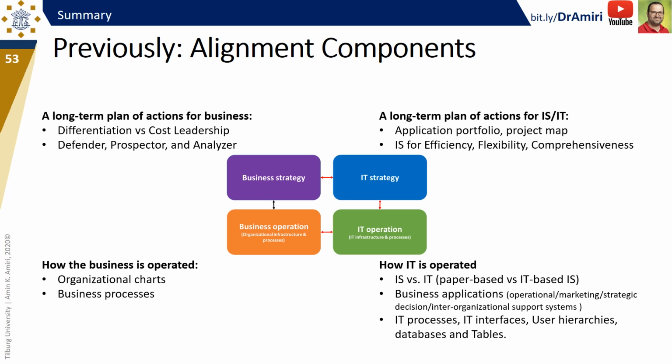That means we develop business applications that would either enhance cost efficiency or market flexibility, response time to the market, or having a comprehensive understanding of customers, processes, and so on and so forth. Now that you have a better understanding of these components, we can learn about the three alignment types.